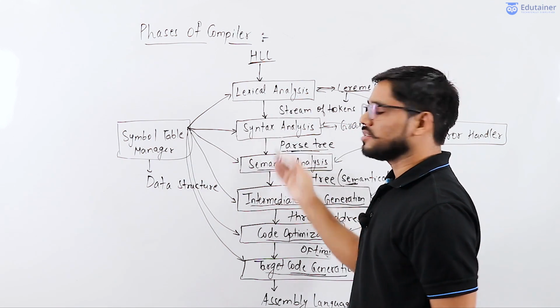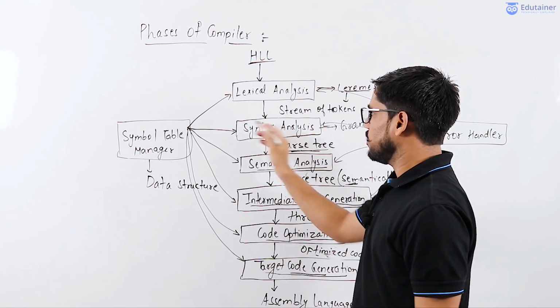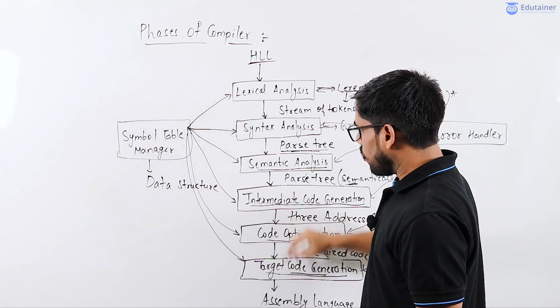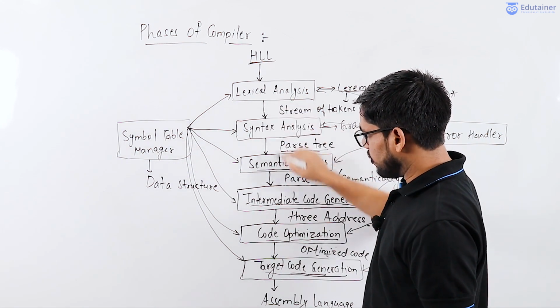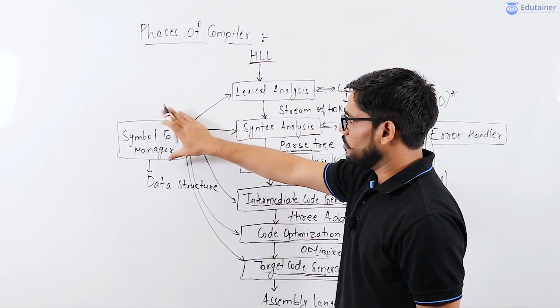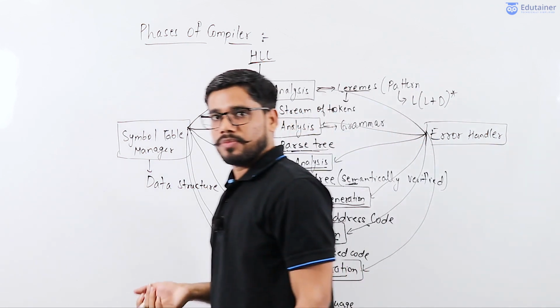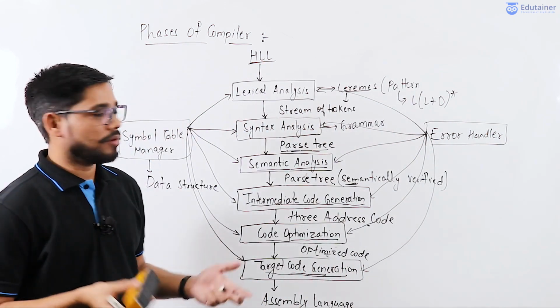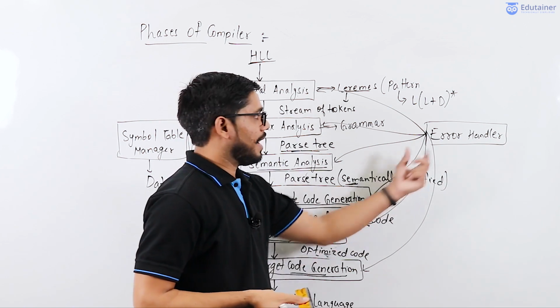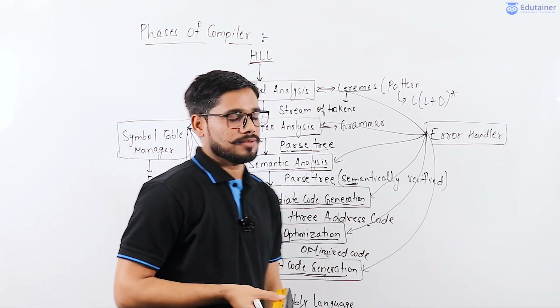Similarly, if the syntax analysis phase has some information, it will store it in the symbol table manager. So all this information provided by these different phases will be contained in the symbol table manager. And if you get any error after compiling the particular program, this error is handled by our error handler phase.